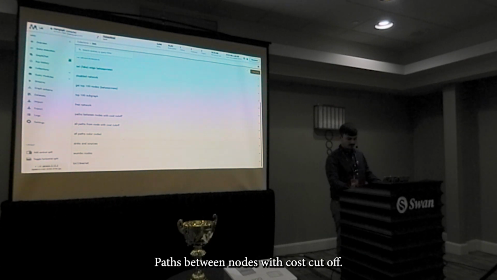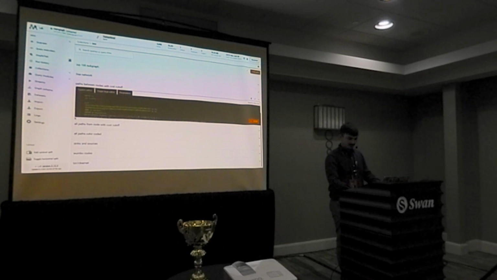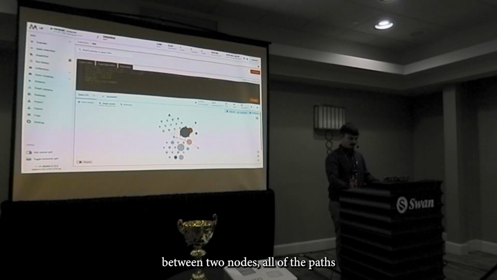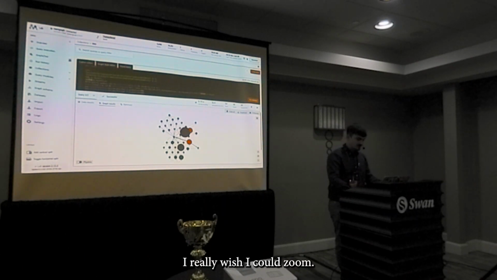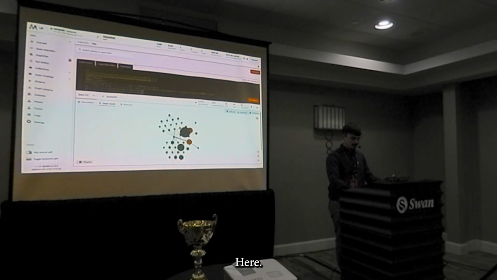Okay, paths between nodes with cost cutoff. So we'll run this just to see what happens. But this whole query is for finding, between two nodes, all of the paths that exist below a certain fee. So here, I really wish I could zoom. This is a payment of 100,000 sats with a max fee of 1,000 sats between these two nodes here.